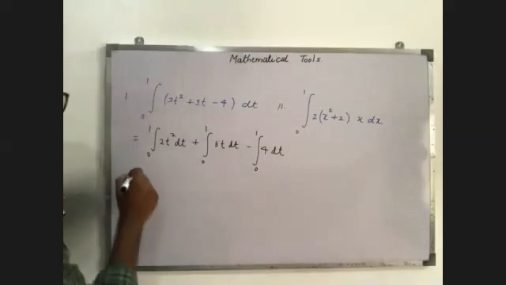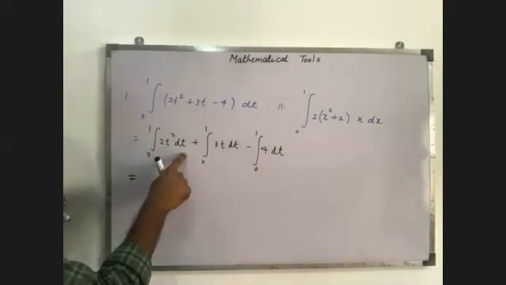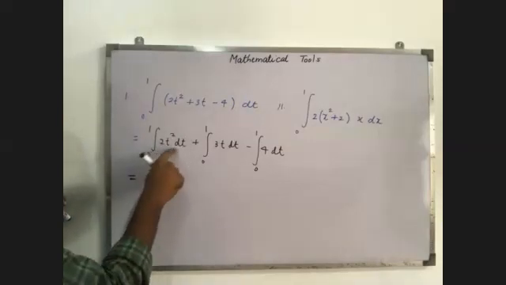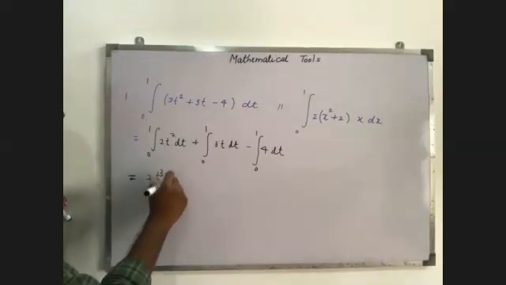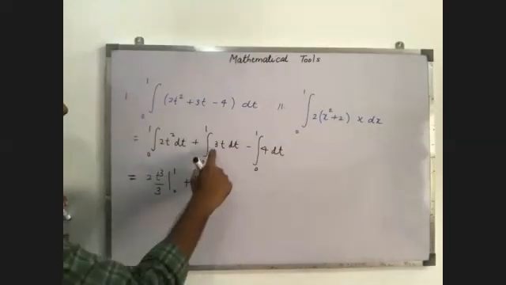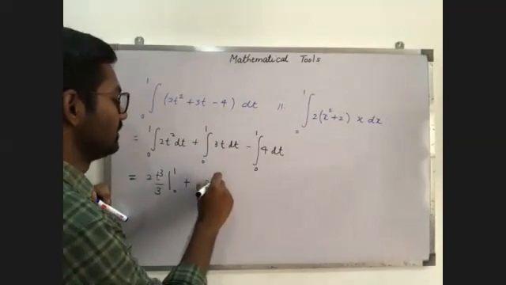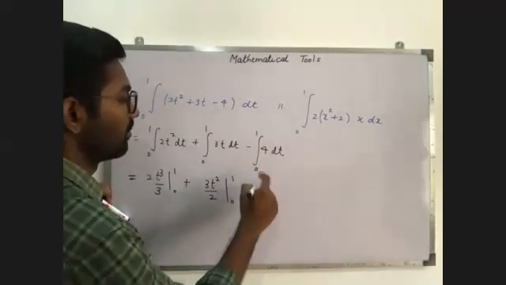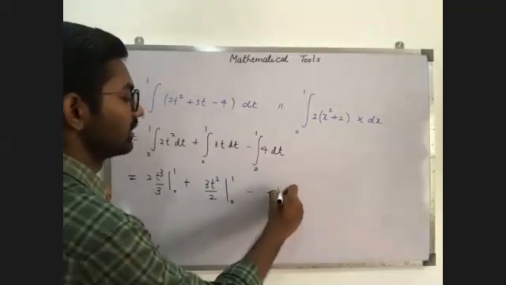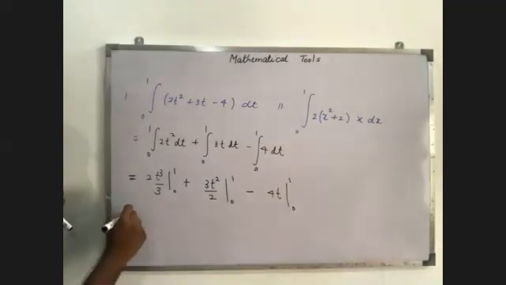Okay. Now 2t square dt, 2 is constant, integration of t square dt is t cube by 3 from 0 to 1, plus 3t dt, 3 is constant, 3t square by 2 from 0 to 1, minus 4 dt, so integration of 4 dt is 4t from 0 to 1. Now put the values.